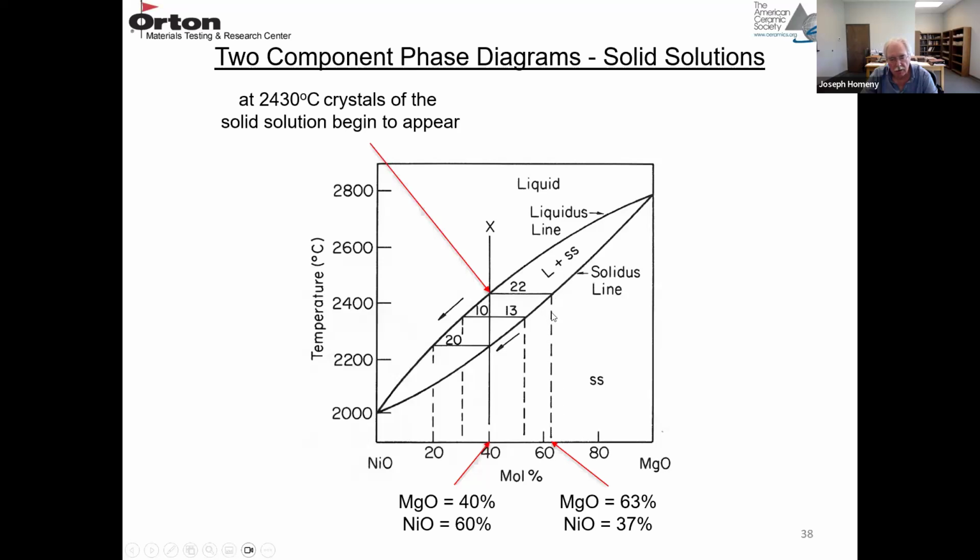So this composition here is 63% MgO and 37% NiO. And then this composition is 40% MgO and 60% NiO. So this is the liquid composition. This is the solid solution composition.